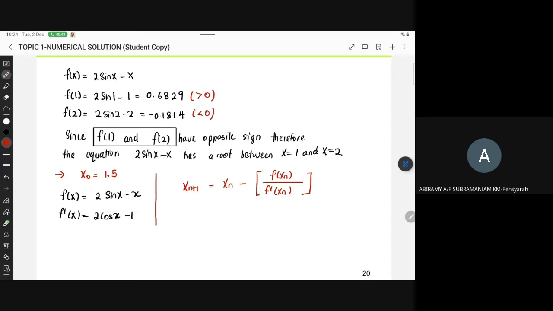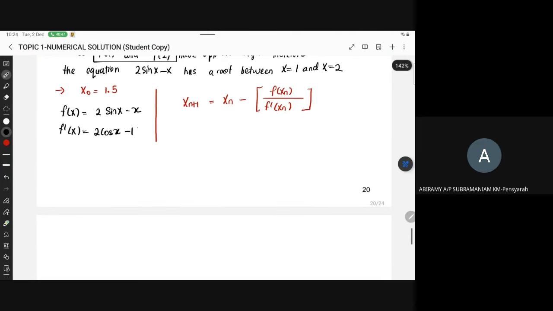Okay, so in this case, x1 equals to x0, which is 1.5, minus 2 sine 1.5 minus 1.5, divided by 2 cos 1.5 minus 1.